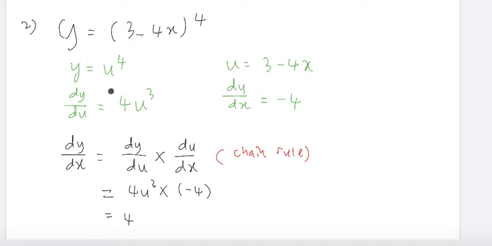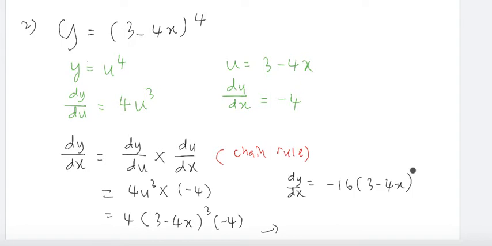And now you see, substituting u back, it is (3 minus 4x) to the power 3, and this one negative 4. Then you simplify. dy/dx equals negative 16 times (3 minus 4x) cubed. You just maintain this. You don't need to expand, because lesser x is easier: later when I substitute a value, I substitute x only once. You see, this is using the chain rule.